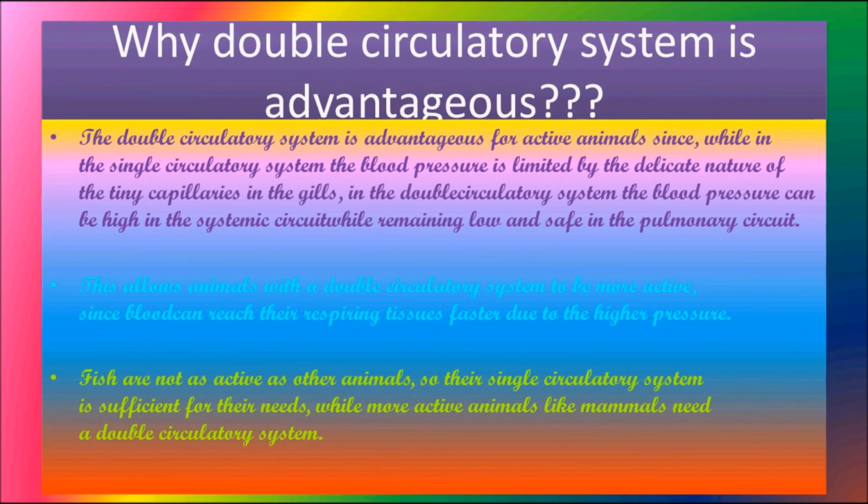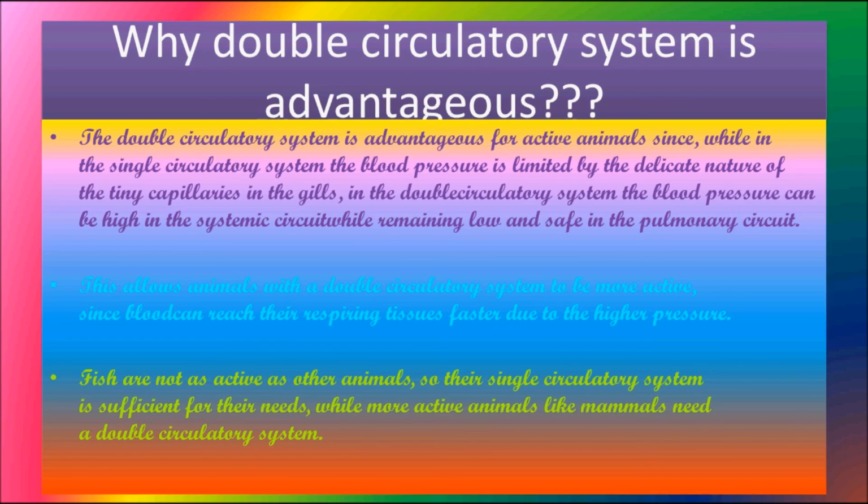Now the question arises: why is the double circulatory system more advantageous over incomplete double circulation and single circulation? The answer is that in the single circulatory system the blood pressure is limited by the delicate nature of the tiny capillaries in the gills, while in the double circulatory system the blood pressure can be high in the systemic circuit while remaining low and safe in the pulmonary circuit, because there are two circuits, systemic as well as pulmonary, as we have just read in the previous slide.